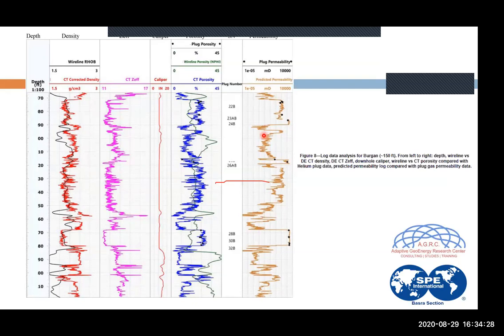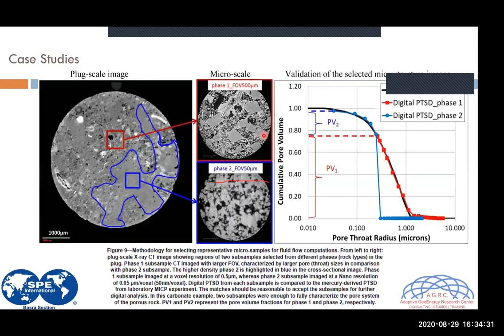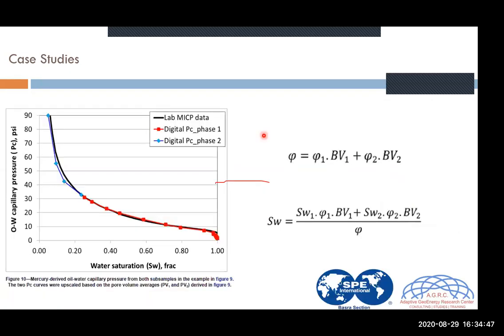Here again is the image that we just saw before, and the reconstruction of the cumulative MICP, using 2 different resolutions to capture the main features at each one of the scales. Again, we can perform this correlation with the capillary pressure curve using the information that we got from the simulation at smaller scales.